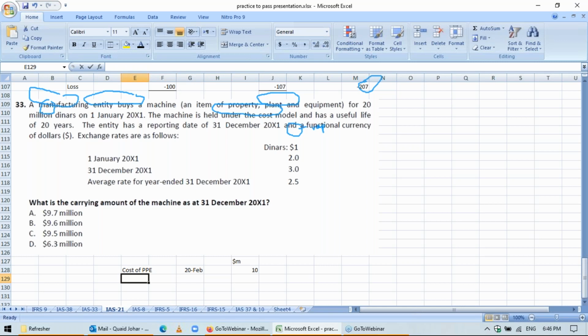Then you will calculate depreciation. So depreciation is 10 divided by 20 years.